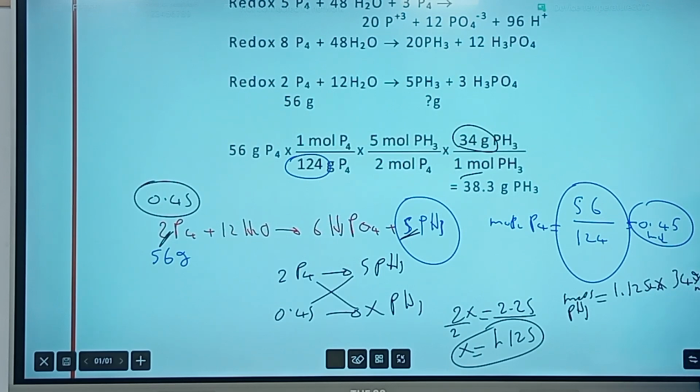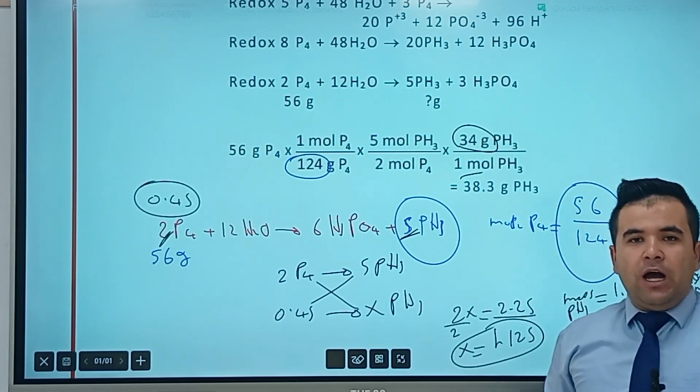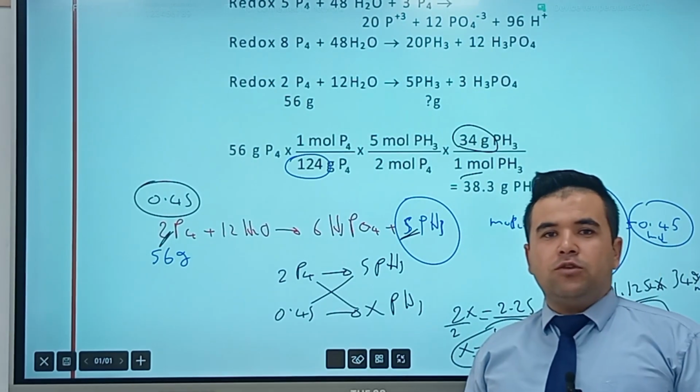So 1.125 multiplied by 34, you get the result of 38.25 grams for the phosphine. That's how we have calculated the mass of phosphine.